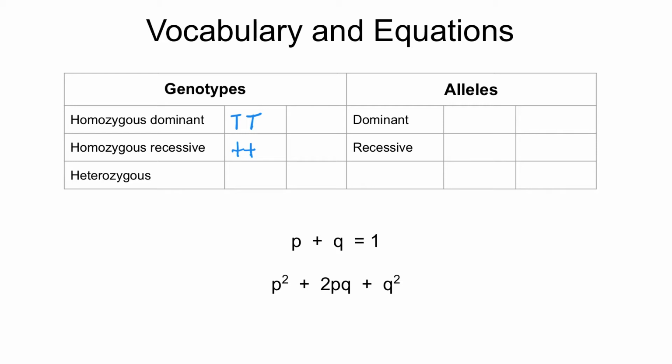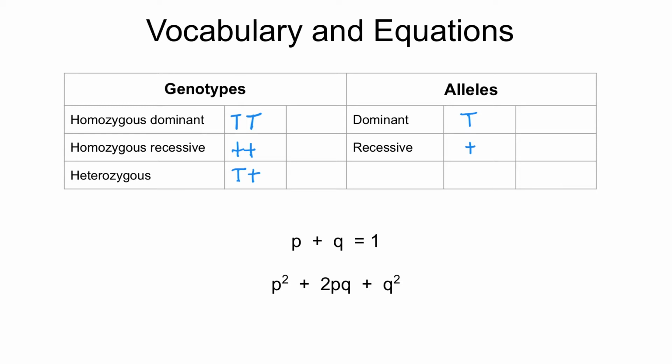Now, if an organism is heterozygous, that means that they've inherited a dominant allele from one parent and a recessive allele from another parent. Okay? And so we can write these alleles over here. The dominant allele is represented by a capital T, and the recessive is represented by a lowercase t.